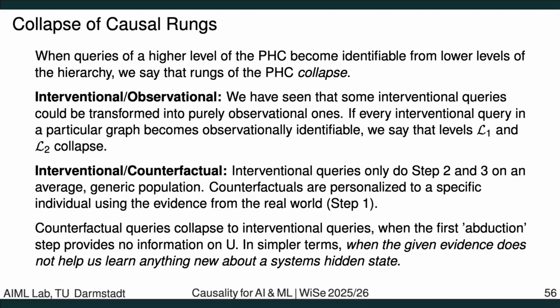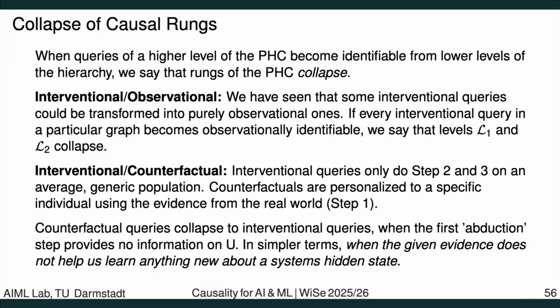It only applies the intervention and then reasons about the outcome. But it doesn't do this first step where we infer or update the probabilities of U. So this basically makes it different from counterfactuals. But on the other side, if we have evidence that does not influence our belief in U, or that is irrelevant for the outcome we care about, then these steps are the same, right?